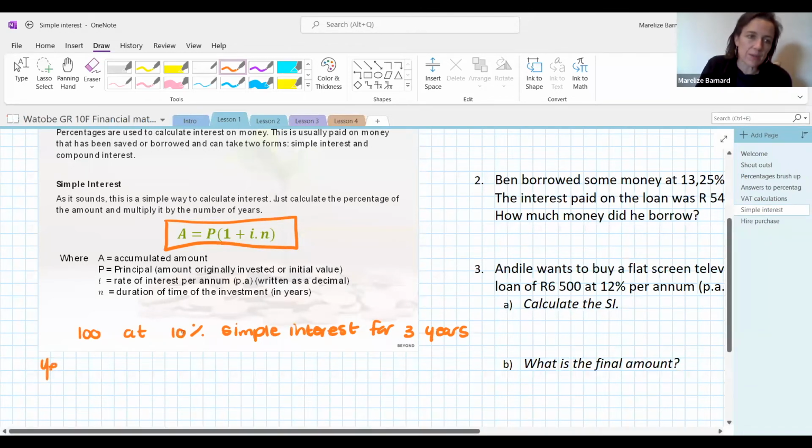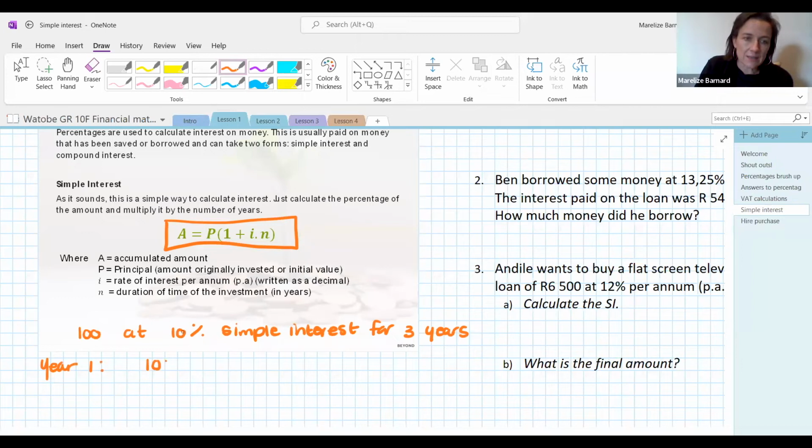So let's just draw up a simple example here. In year 1, you're going to get 100 Rand that you put away, and you're going to get interest. How much interest will you earn? 10% of 100 Rand is how much? Put it in the chat if you work it out. 10% of 100 Rand is 10 Rand.